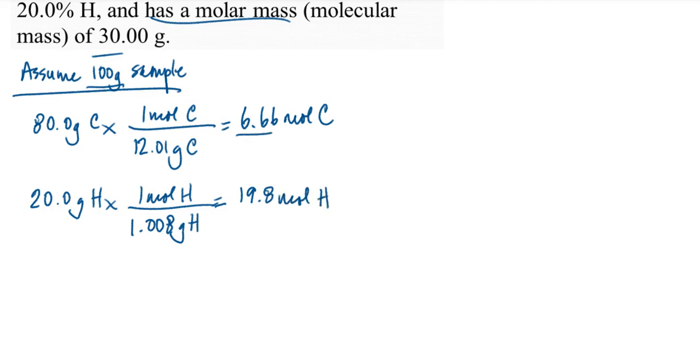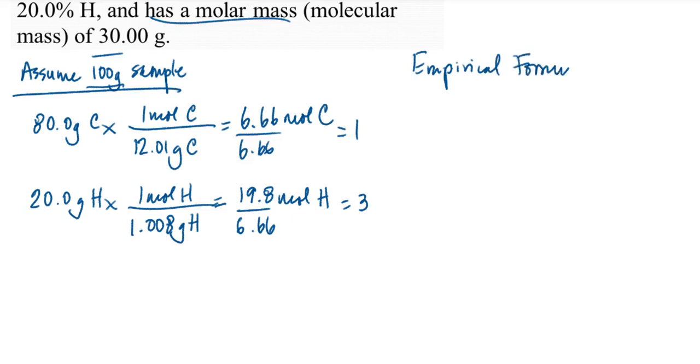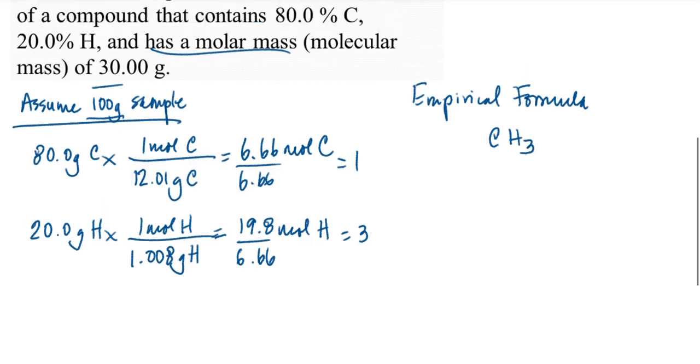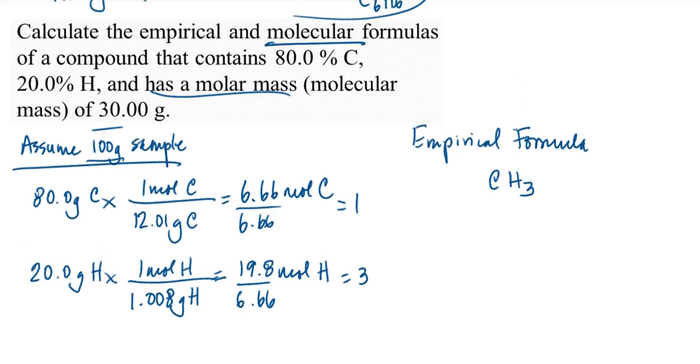From here, I'm going to divide by the smaller of my two results. So 6.66 divided by 6.66 is 1. 19.8 divided by 6.66 is 3. And so that means that my empirical formula is CH3. But I'm not done yet because I still have to find the molecular formula.